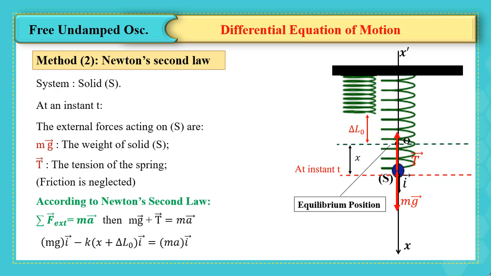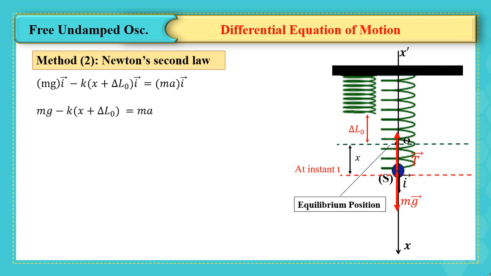Projecting it along i and writing the tension by its expression, minus k into x plus delta L0, we can find that mg minus k into x plus delta L0 equals ma. Then we expand k into x plus delta L0 and replace delta L0 by mg over k.